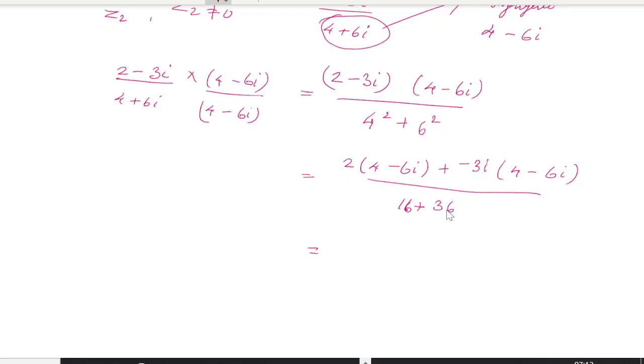So this will be 8 minus 12i minus 12i, right? Am I right? 12i plus, again will become minus, right? Minus 18, am I right? You will get here 3i into 6i is 18i square, so minus 18 will come. So minus 18, here one minus is there, so plus 18, but here one more minus, so minus 18, by how much will come this sum? 52, right?